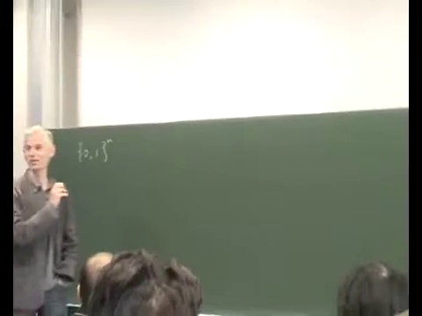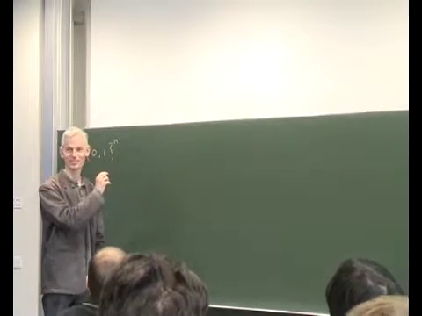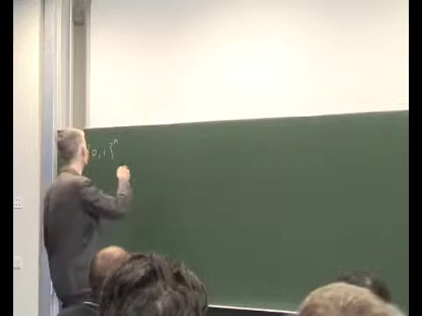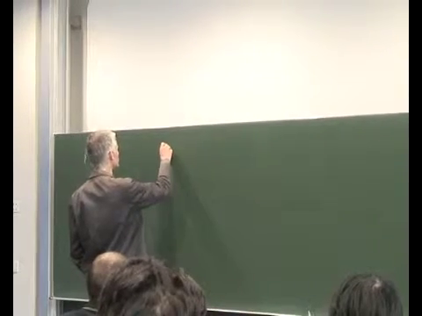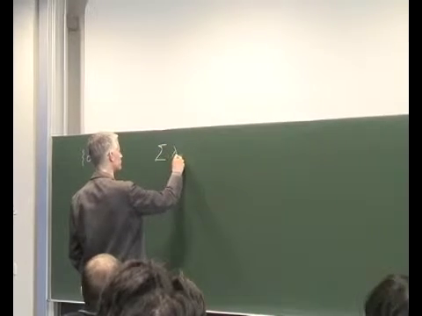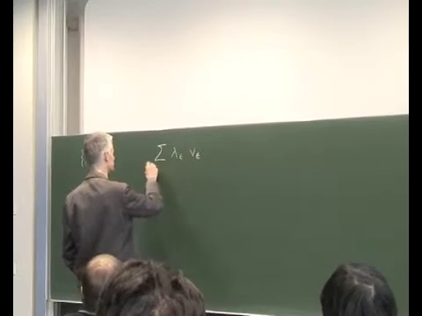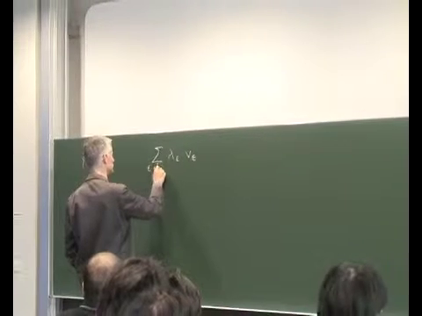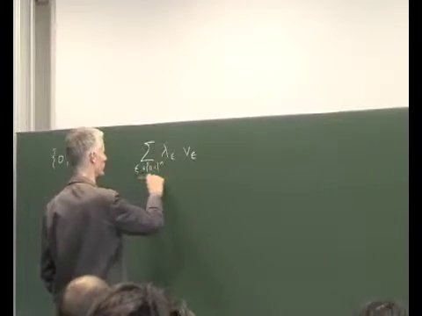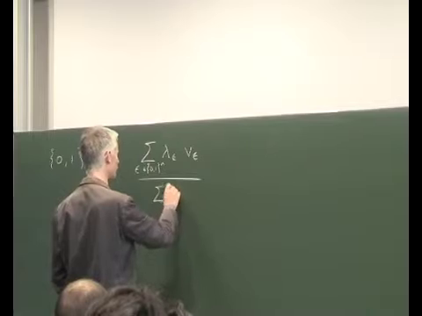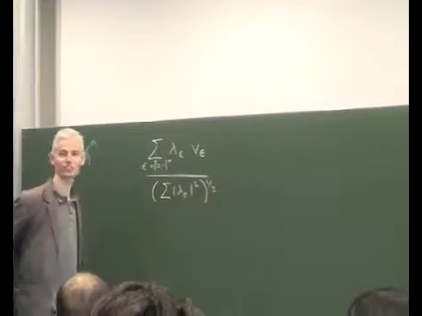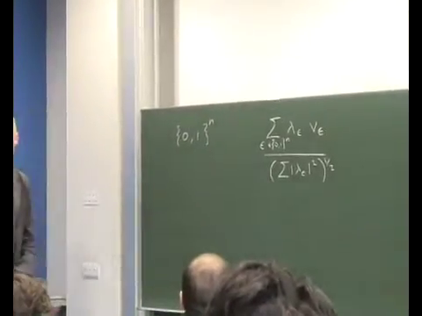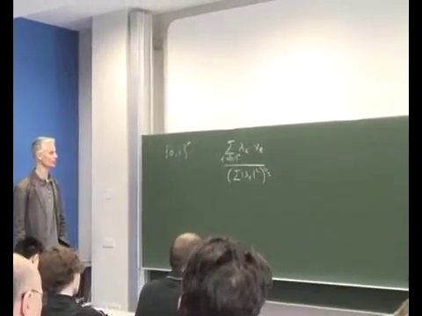To be more precise, what I actually wrote, or this is a lie, what I wrote after somebody pointed out that I made a mistake, a typical state of a quantum computer looks something like this, divided by a normalizing factor, which, of course, has to be that, but I forgot the square root when I said that at the end of last time.